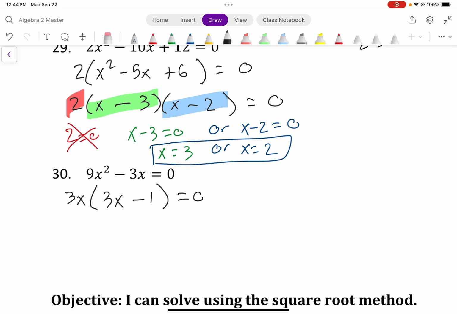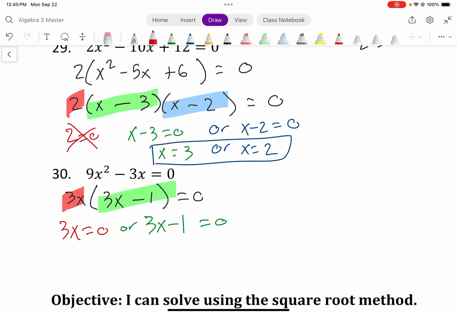But every year, students are going to struggle with this sort of idea because 3x can equal 0. 3x minus 1 can equal 0. They're both factors. 3x is a factor even though it's just a monomial. I don't need to always have an x plus a number or x minus a number. If it makes you feel better, you could call it 3x plus 0, and then you'd be good to go.